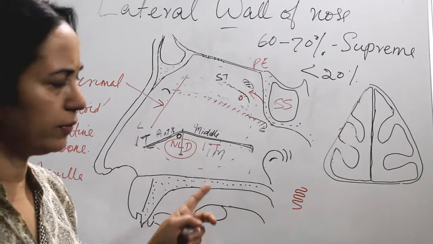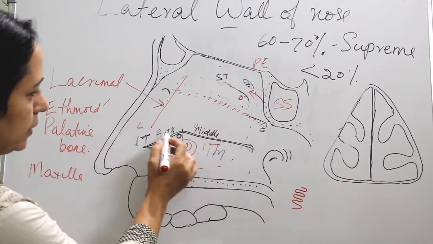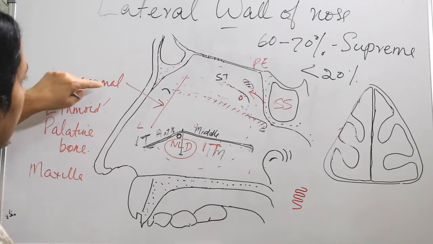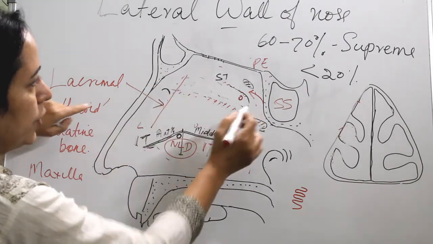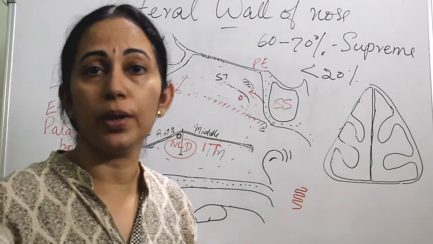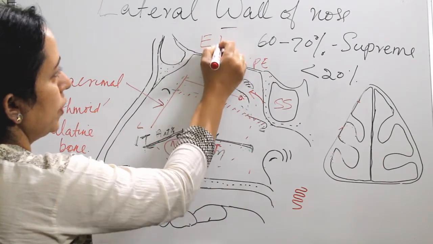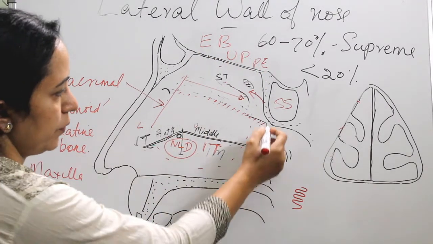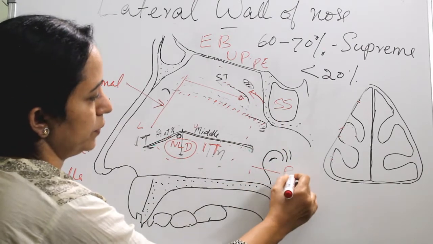So in life, the natural ostium is reduced to a smaller area: in the lower part by the inferior turbinate, anteriorly by the lacrimal bone, and superiorly, what contributes? It is part of the ethmoid, the ethmoid bulla and the uncinate process. So superiorly there comes the ethmoid bulla and the uncinate process, and posteriorly, what is here? It is the perpendicular plate of the palatine bone. Okay.